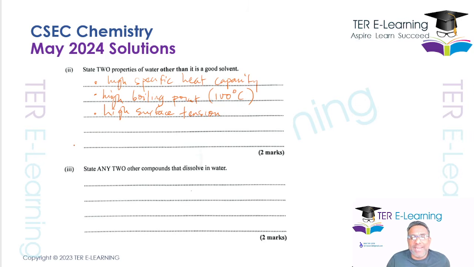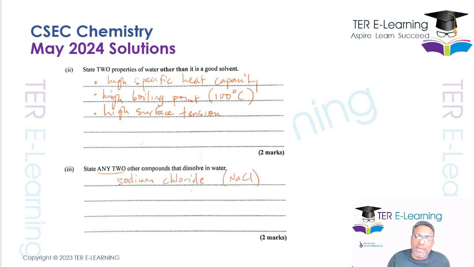They said state any 2 other compounds that dissolve in water. So any 2, you could say anything you want here basically. Sodium chloride, that's in your kitchen, common salt, that would be my answer here for sure. They don't want the formula, they just want you to state any 2, but the formula is NaCl.